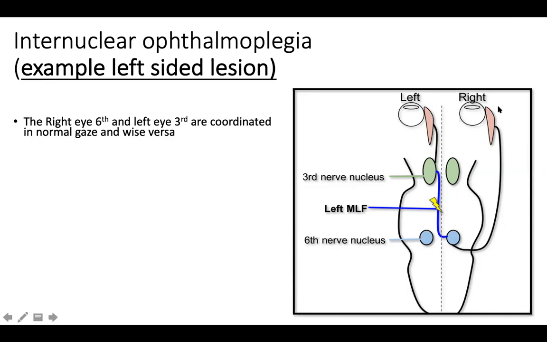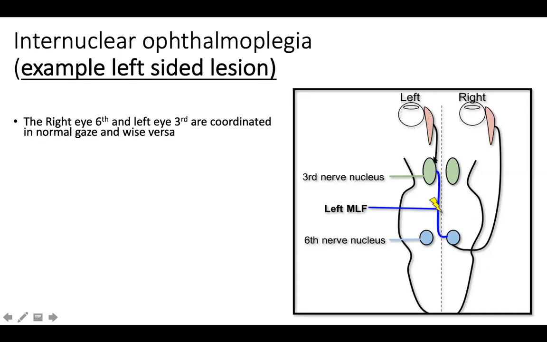The sixth nerve would move, but because the interconnection between the sixth nerve and the third nerve is not there, there is a limitation of adduction of your left eye.